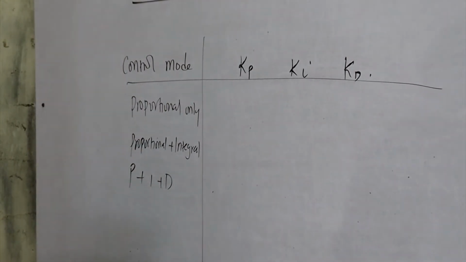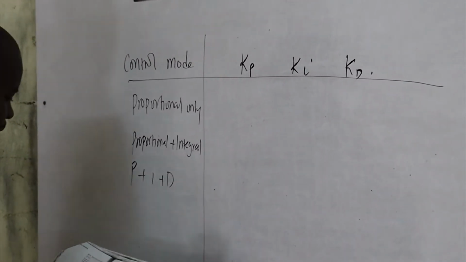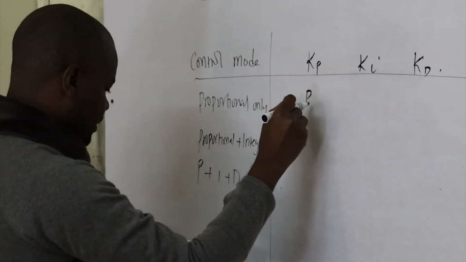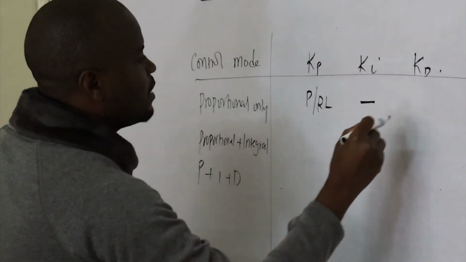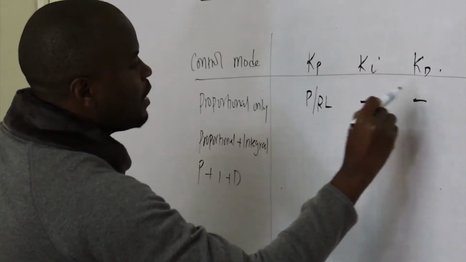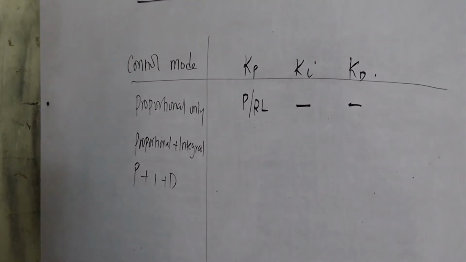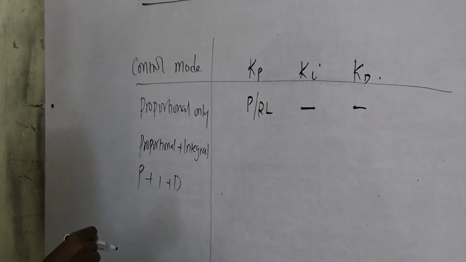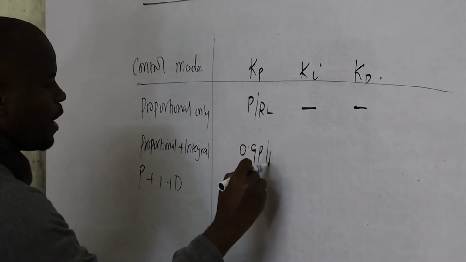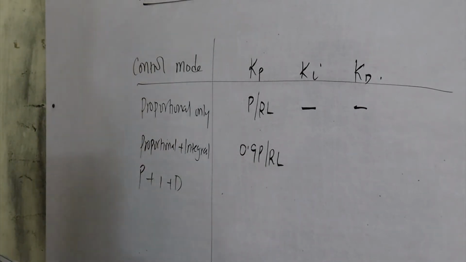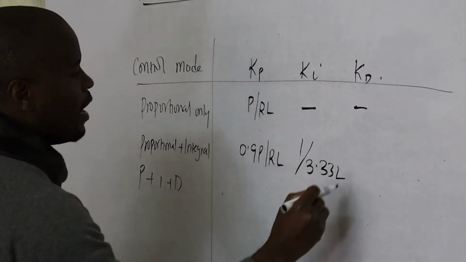When we only have the proportional, the value for Kp will be given by P over RL, and of course there is nothing for integral and nothing for derivative. When you come to proportional plus integral, the value for Kp will be given by 0.9P over RL, and for the integral, it will be given by 1 over 3.33L.